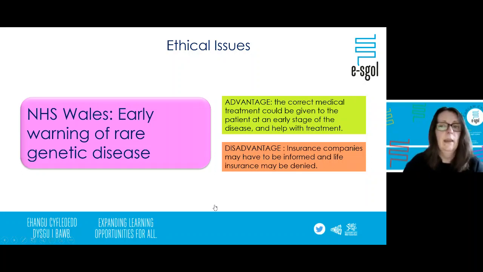So it would be very beneficial to that person who had that genetic disease that treatment could be started very quickly. But the disadvantage of early warnings would be for insurance purposes, and people may not be given life insurance if they are carrying a genetic disease. So that's the disadvantage for that particular case.